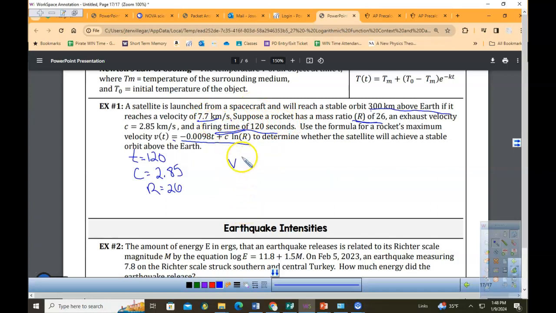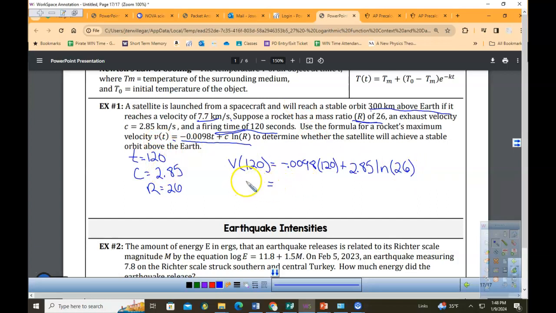So we're going to plug in V of t, which is 120, equals negative 0.0098 times 120, I'm plugging in 120 for t, plus our c, which is 2.85, times natural log of r, which is 26. So I like to write out my variables. That helps me out.